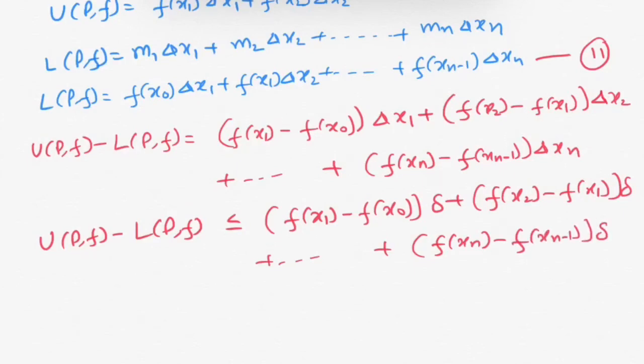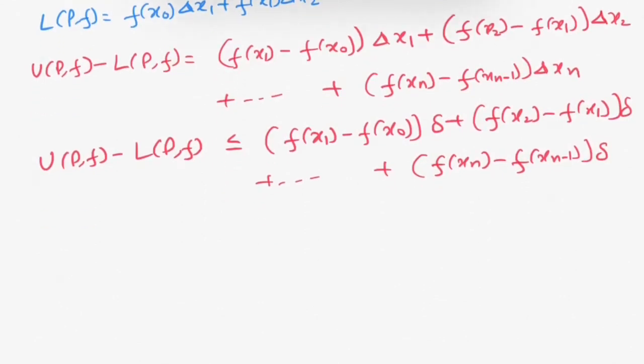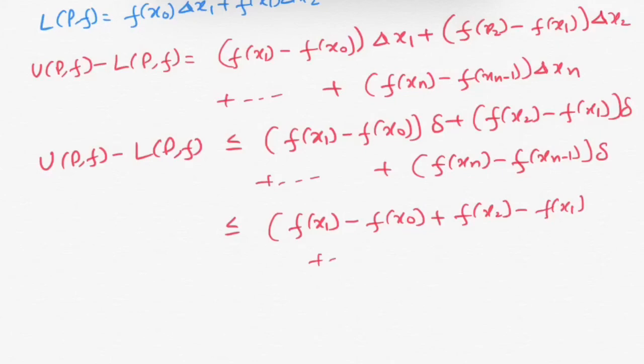Okay, so now taking common delta in the RHS, we have (f(x1) minus f(x0) plus f(x2) minus f(x1), and so on, f(xn) minus f(xn-1)) into delta.